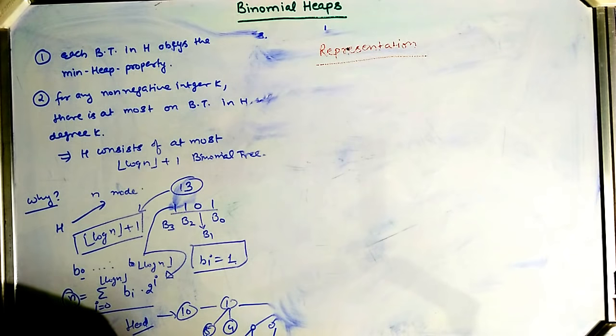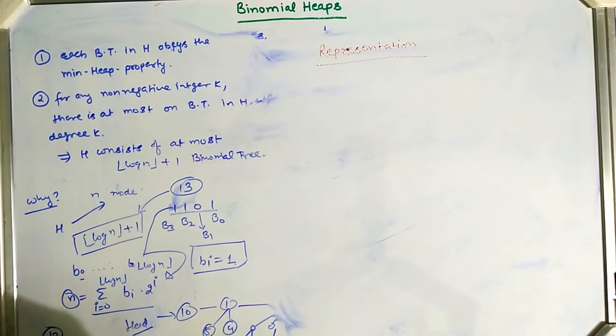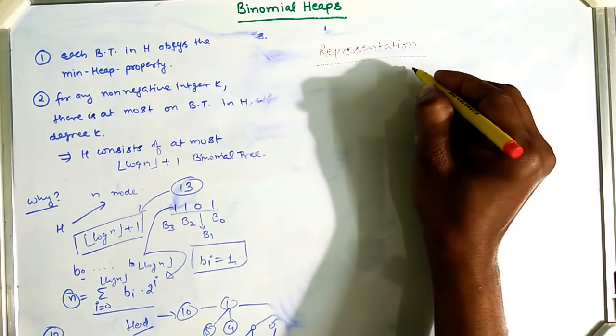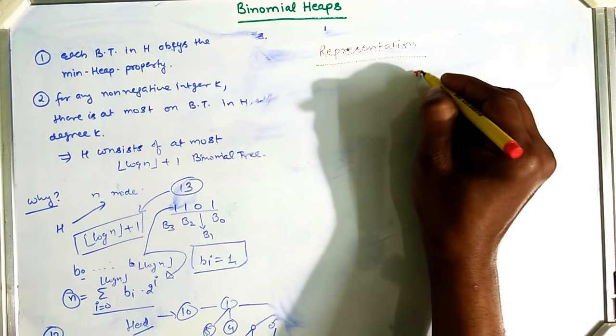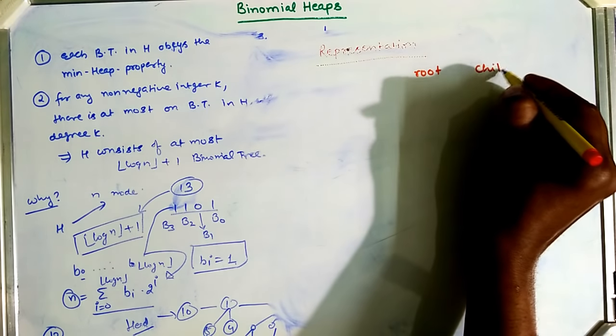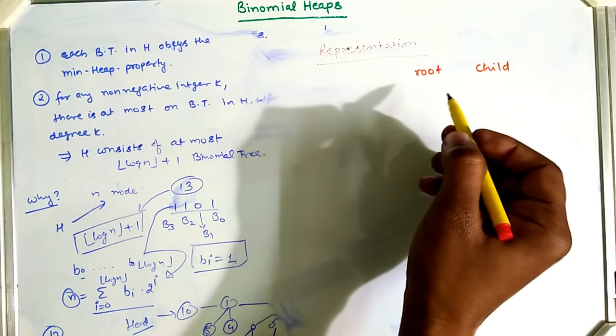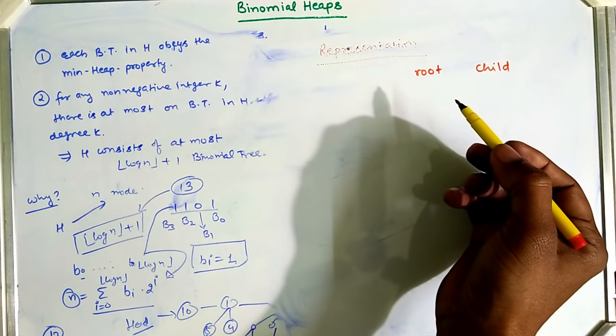The node structure has 3 pointers. There are 2 types of nodes in a binomial tree: one is the root node, and otherwise it is a child. For those we have different types of representation.